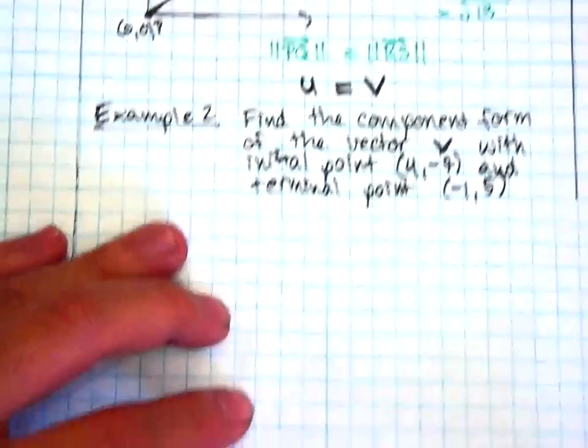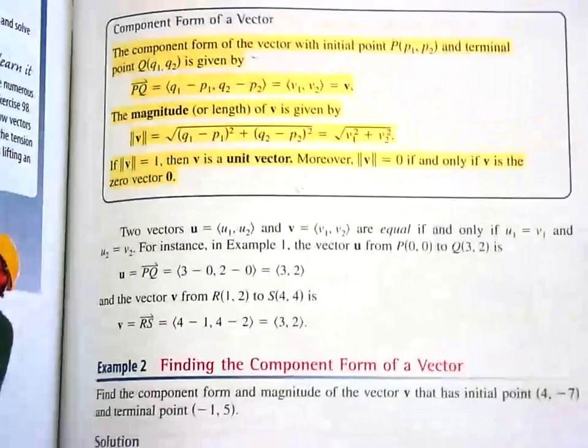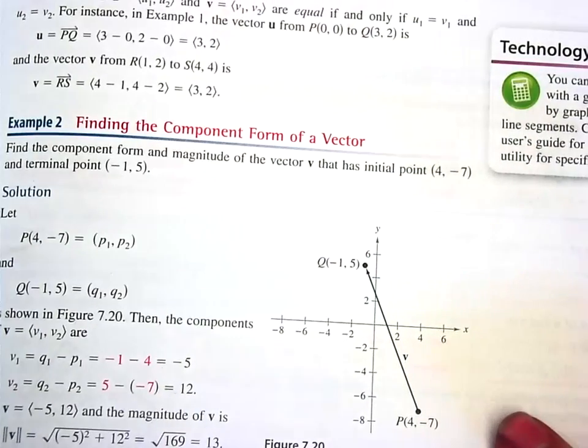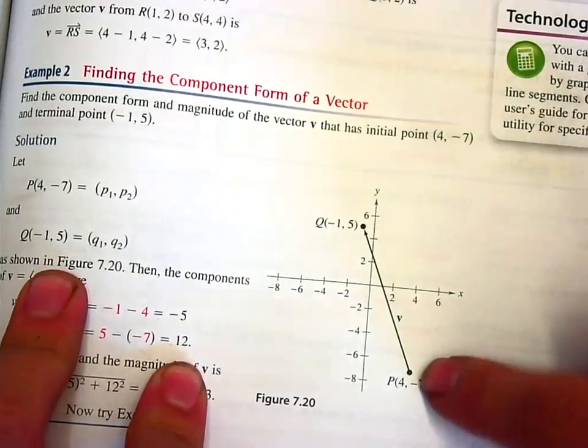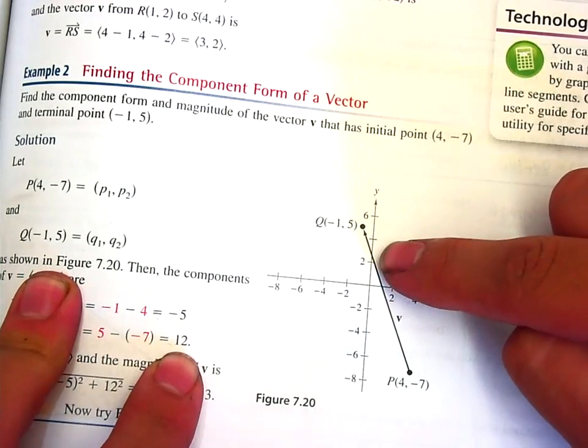So if you had chosen to graph out this vector, what you would get is this right here. And as nice as that is, we want to know what would be the coordinates of the terminating point of this vector if it had started at the origin instead.